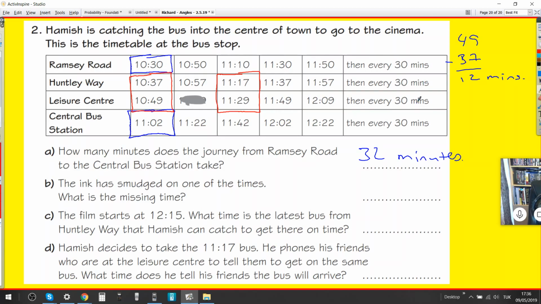So I would add 3 and then add the rest. So add 3 minutes, that would be an hour, and then add on 12 minutes.